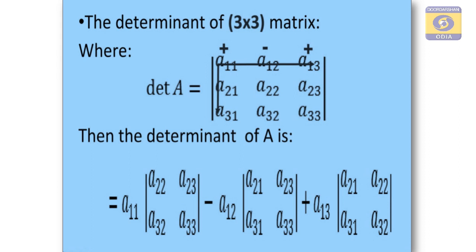Similarly, when we take A12, again A12 lies in a particular row and column, so we delete the row and column in which the element lies, and the resultant elements form the determinant of that. So, what we are doing? We are converting the third order determinant into second order determinants to find the values, right. And then we know how to find the value of a second order determinant. We cross multiply the diagonal elements and thereby get the value of the determinant.